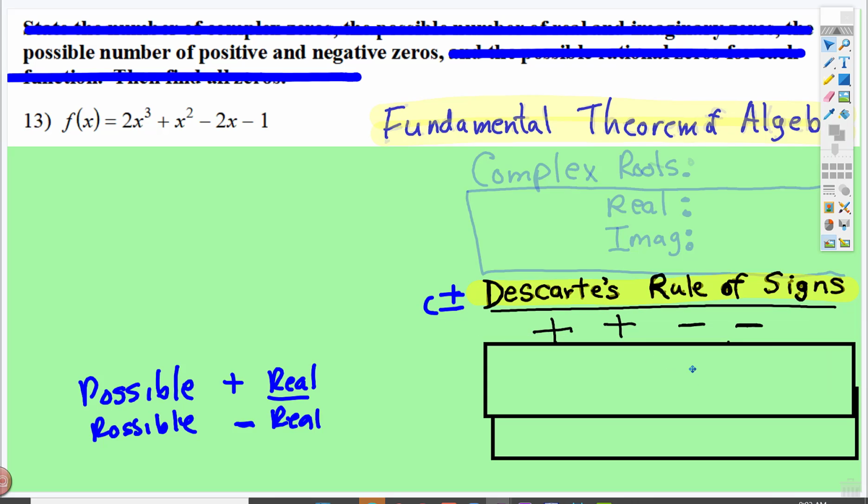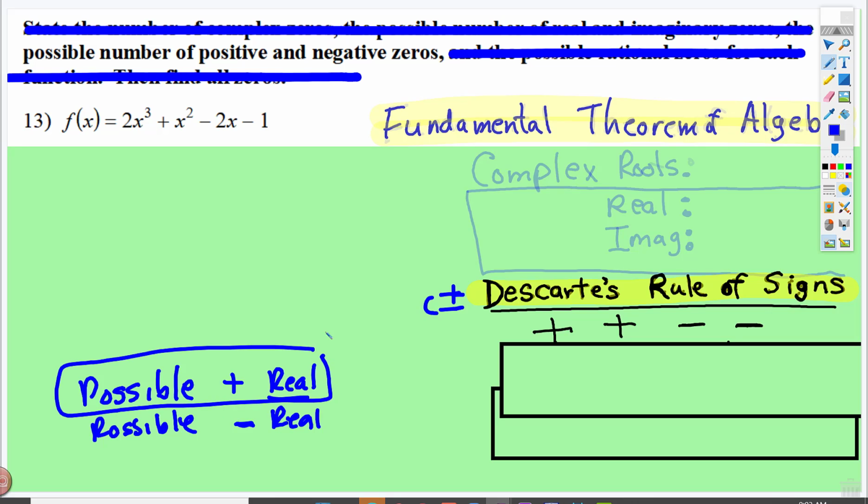All right, so this is what you're going to do to start off with to check for possible positive reals. You look at the original signs, so that's a positive 2x cubed, a positive x squared, a negative 2x, a negative 1, and then you look at where it changes from positive to negative, or from negative to positive.